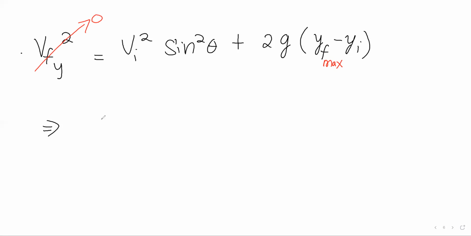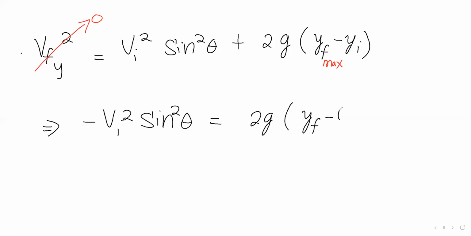You could subtract vi squared sine squared theta from both sides, and this equals 2g times the height difference.